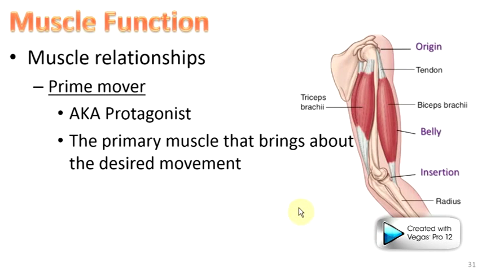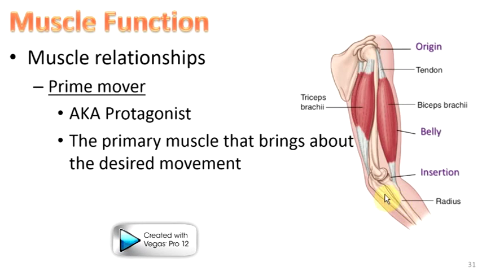Okay, now if we have a muscle that does one thing, since a muscle can only pull and doesn't push, if we need to do the opposite action, then we need another muscle to pull it the opposite direction, because we can pull the forearm up with the biceps, but we can't push it back down with the biceps. So we need another muscle to do that.